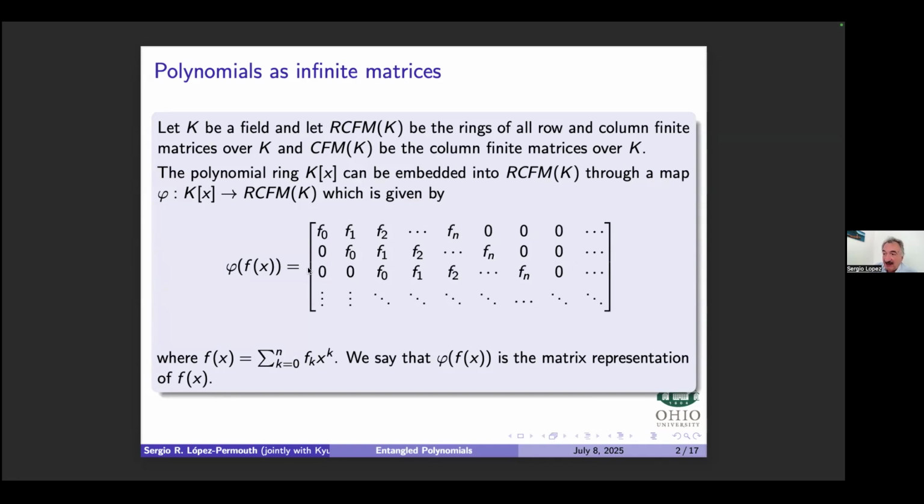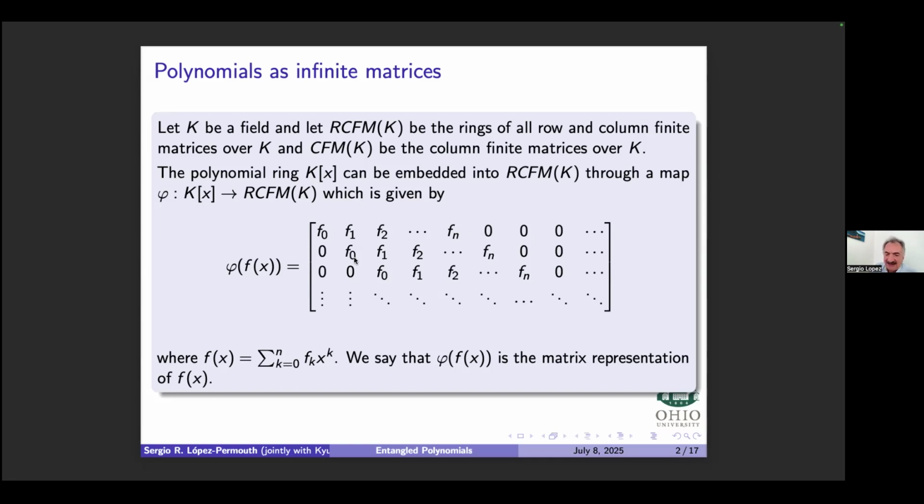Do the same thing, then you shift it 2 spots. And the algebra that you create with these row and column finite matrices is isomorphic to the polynomials. And this is easy to see because these matrices are representations of multiplication by f of x with respect to the standard basis, the transposes.